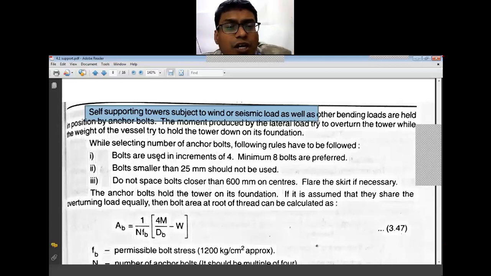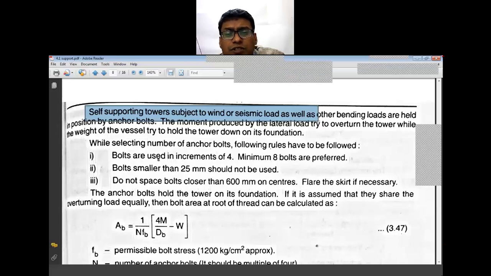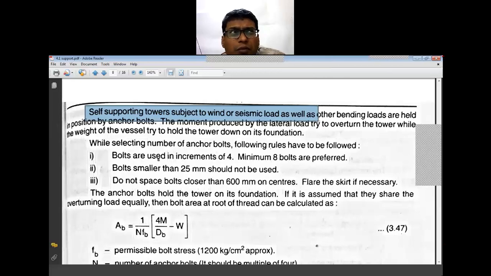So while selecting the number of anchor bolts, the minimum number of bolts generally preferred is 8 bolts, or 4 bolts, and in turn multiples of 4. Bolts smaller than 25 mm should not be used, so the minimum is 25 mm bolts. Then do not space the bolts closer.